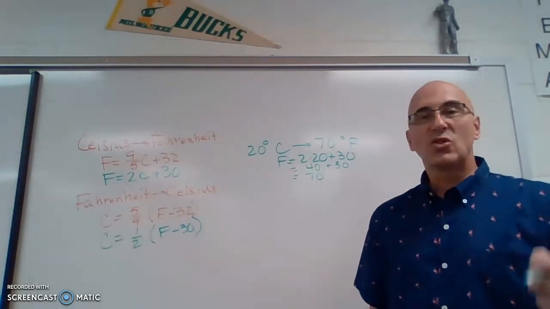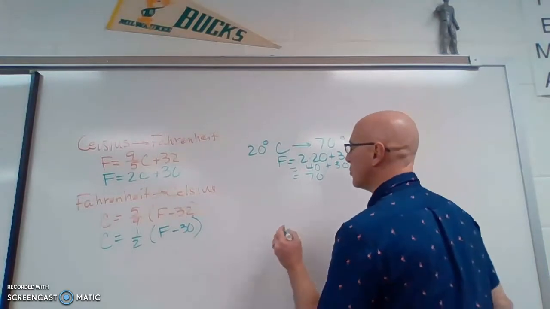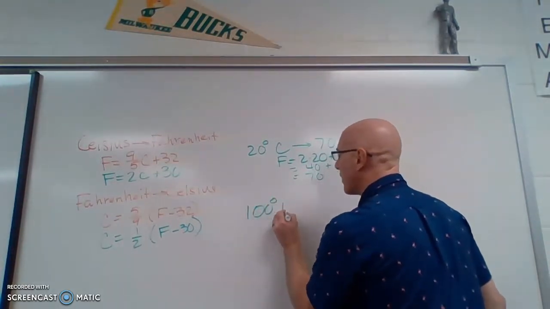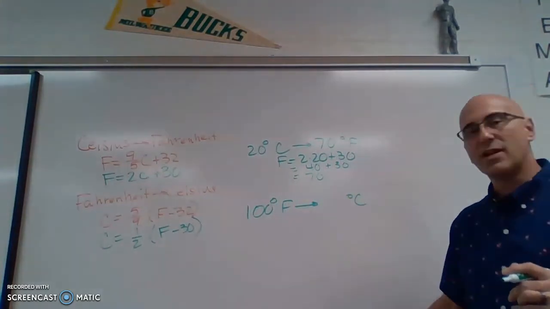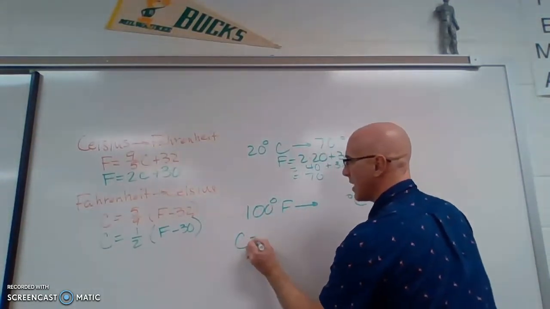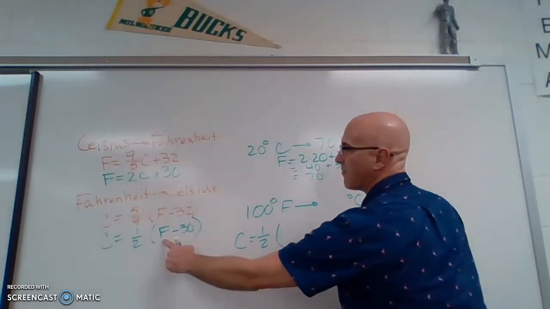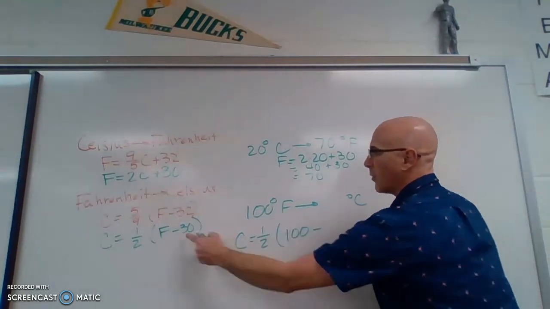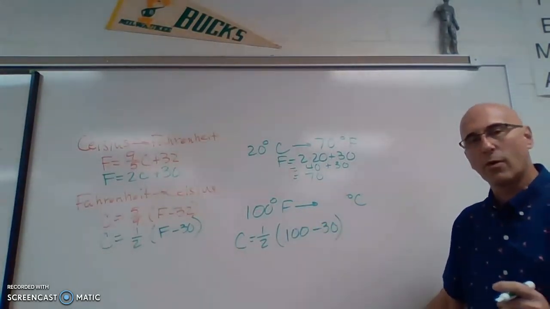So let's say we have a super hot day here in Indiana, and it gets up to 100 degrees Fahrenheit. I want to know what is that in Celsius. So what I'm going to do is take my approximating formula, 1/2, and then I have Fahrenheit, so I'm going to take my 100, I'm going to subtract 30 from it. Okay, so here is my formula.